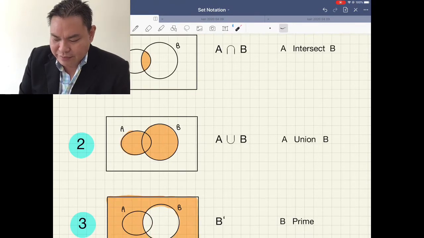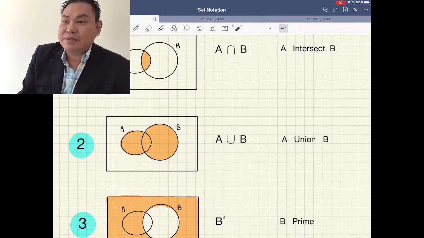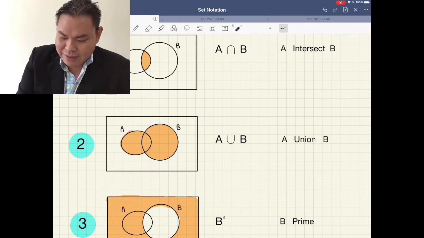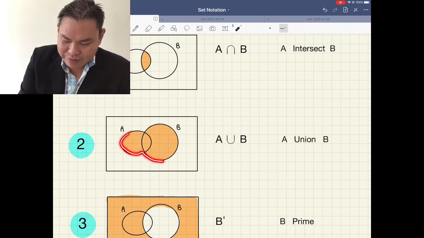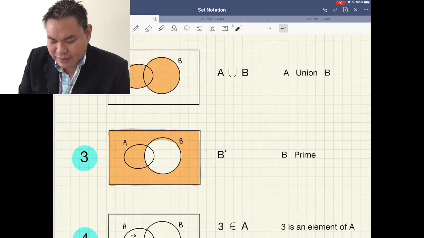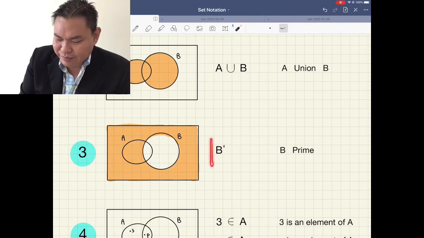How about A union B? A union B means any member of A and any member of B is counted as a member of A union B. That's why I shade any member of A and any member of B. So that is the meaning of union. The next one, B prime, remember?